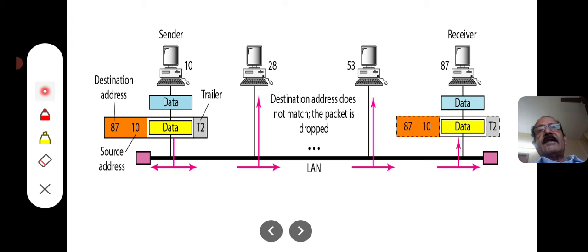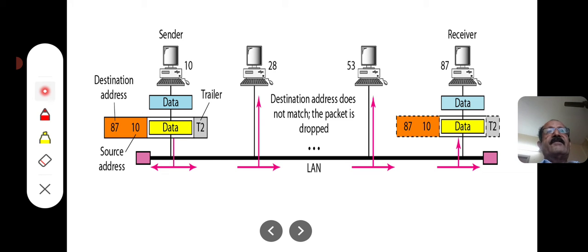To the data, the network layer adds physical addresses, 87 and 10. So 10 is the source address, and 87 is the destination. From source 10, the message is being sent to destination 87. Others also receive this message, these two systems, but this one has address 28, not matching 87.